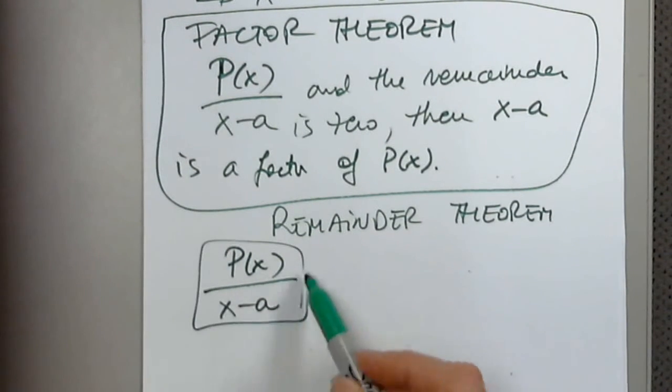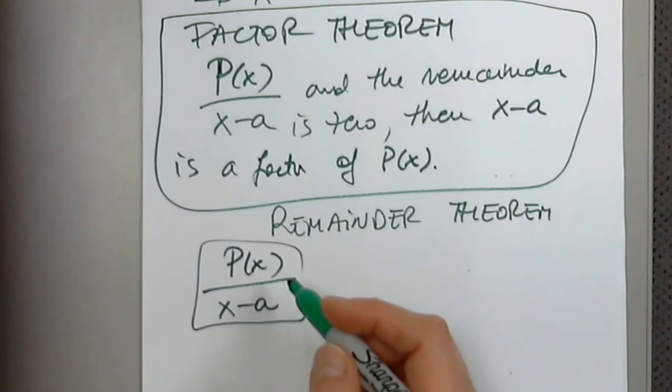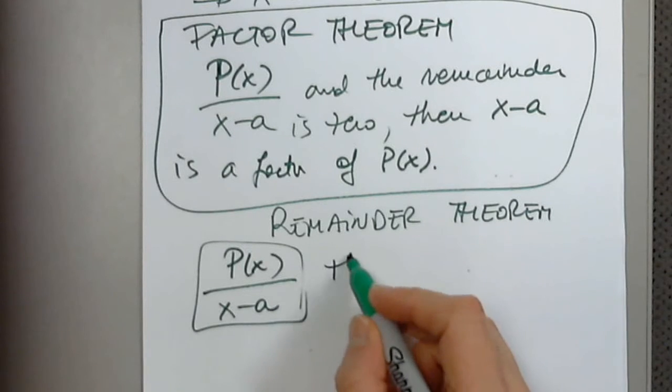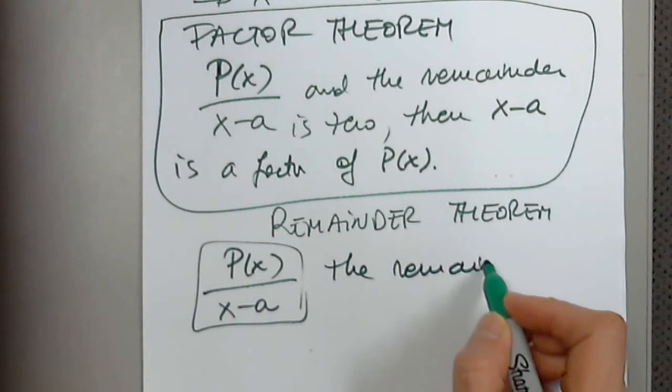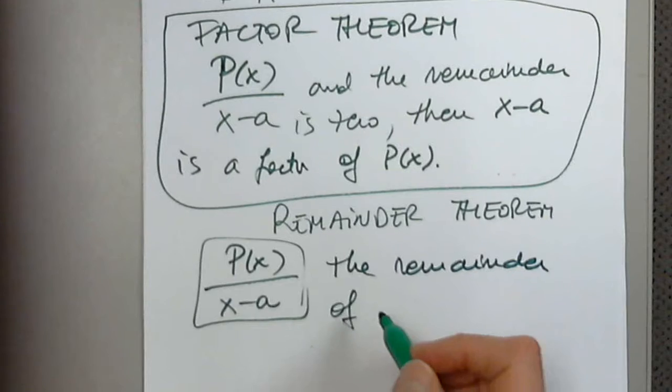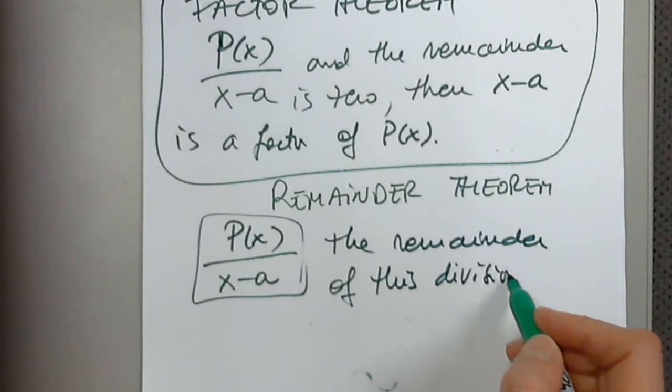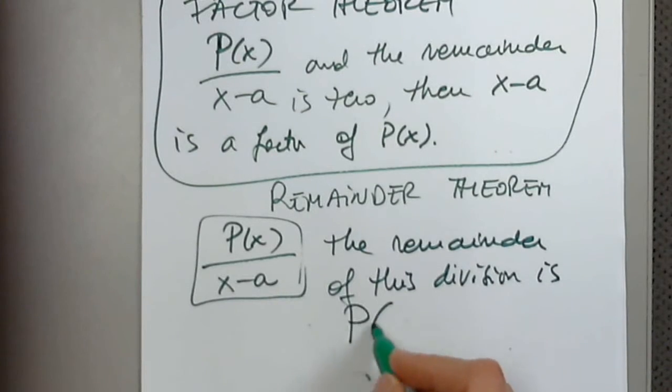So this is the key. If I divide a polynomial by x minus a, the remainder of this division is p of a.